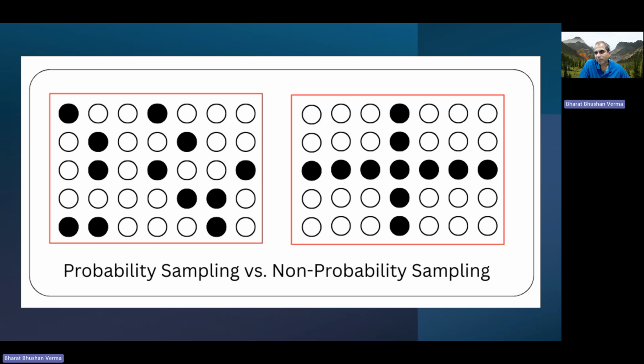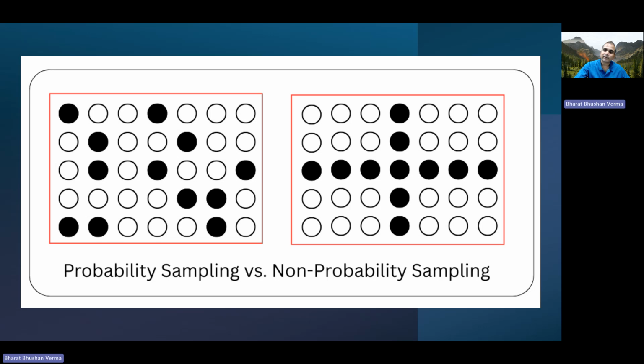In case of non-probability sampling, the chance of every member getting selected is different. Typically, the amount of randomness in probability sampling is to the full extent, and the level of randomness in non-probability sampling is restricted.